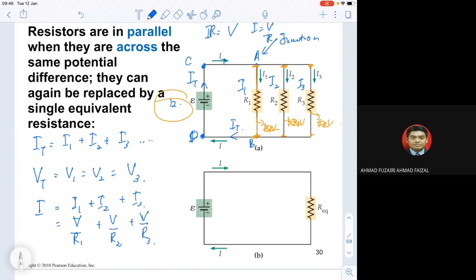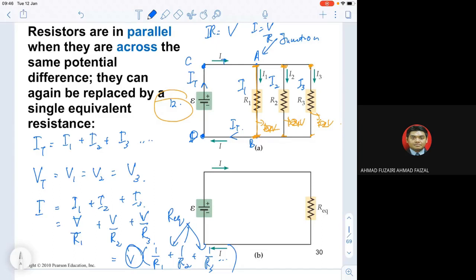We factorize the V, so we have V times 1 over R1 plus 1 over R2 plus 1 over R3. Everything inside the bracket is the R equivalent, times the V, without V1, V2, V3 because all values will be the same.